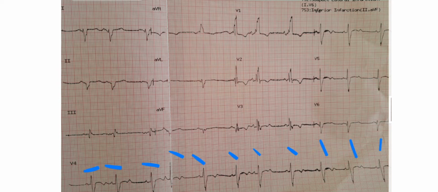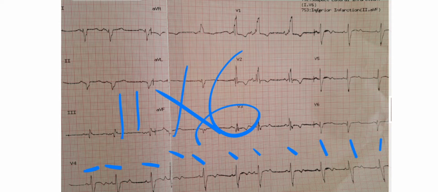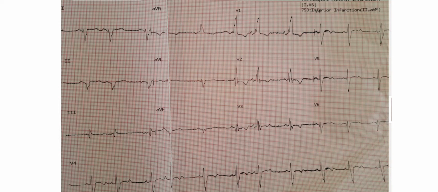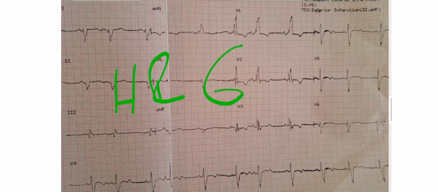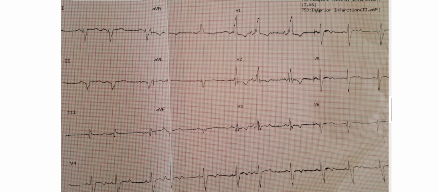We've got 11. 11 multiplied by 6 will give us 66. So the heart rate in this ECG is 66, and we know that it's irregular. So we know two things now, right?